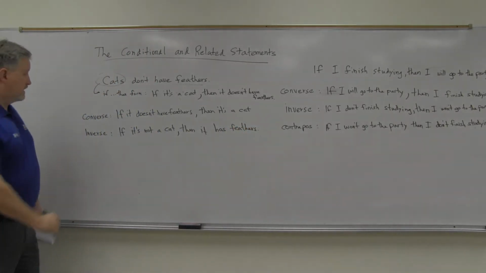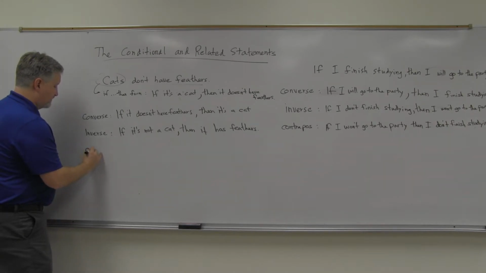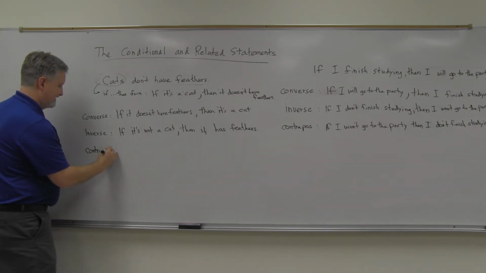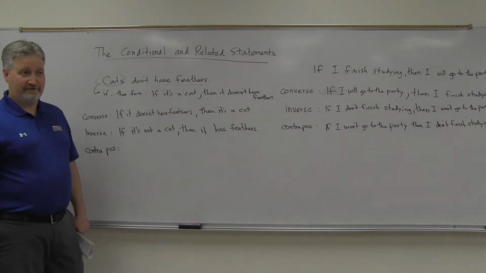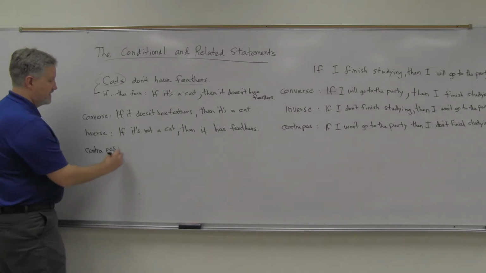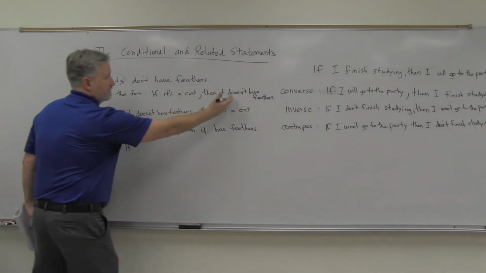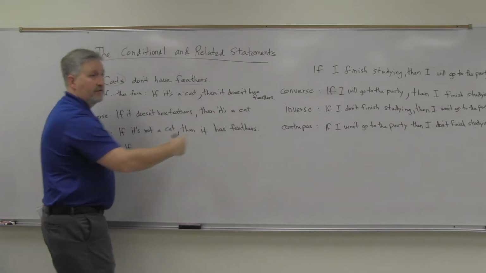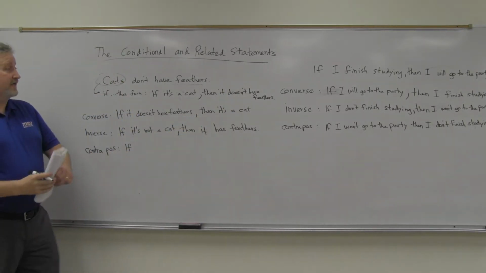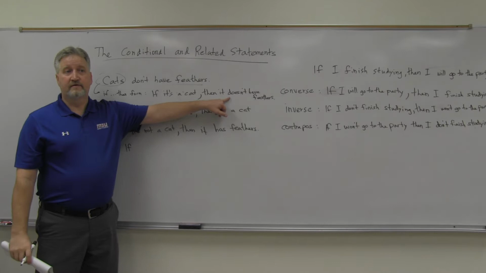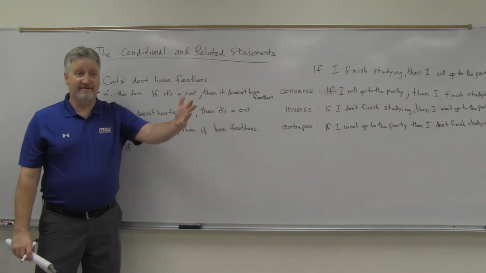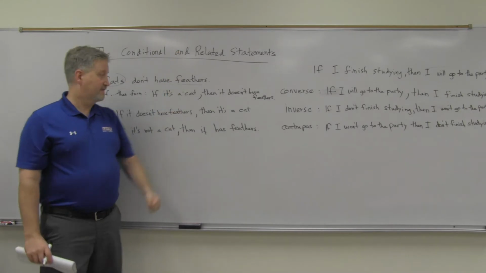Okay? And then last but not least, the contrapositive, what does it do? It does both. Flips and negates. So I flip this to the if part and negate it. So in that case, how do I negate that? It doesn't have feathers. How would it negate that? It does have feathers, yeah. Just take the not part out, right?